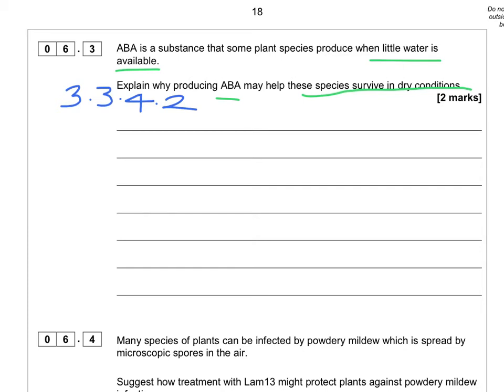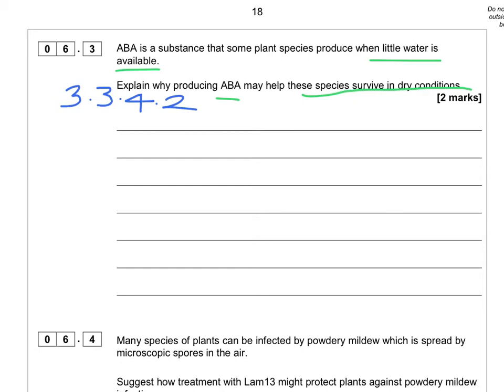Therefore, okay, how does that help survive in dry conditions? More water is going to be available in the plant for photosynthesis, metabolism, support, or less water will be needed from the dry soil. You can't just say that water would be conserved. You've got to say what the water would be available for in the plant.